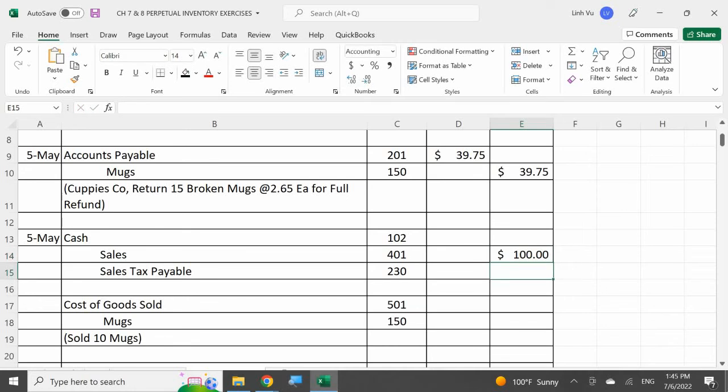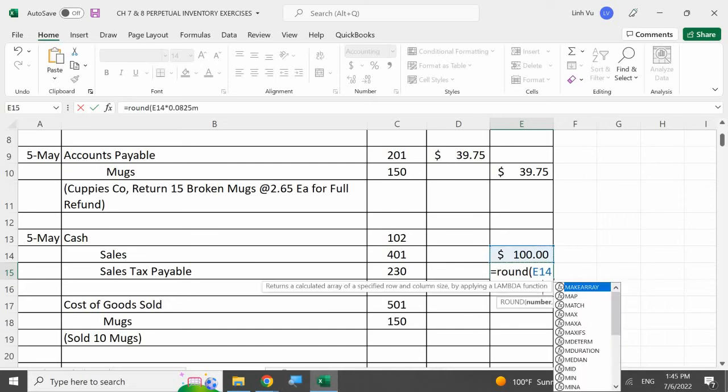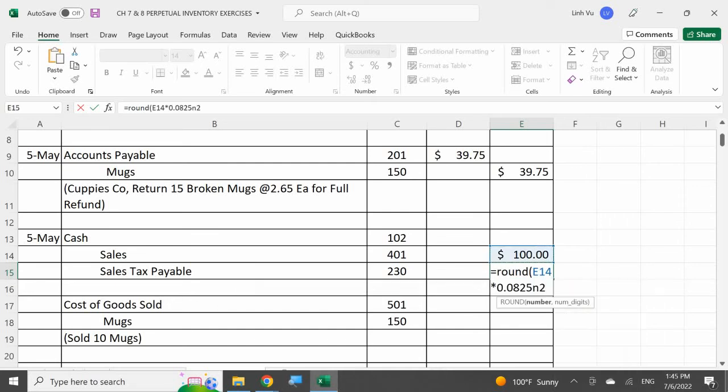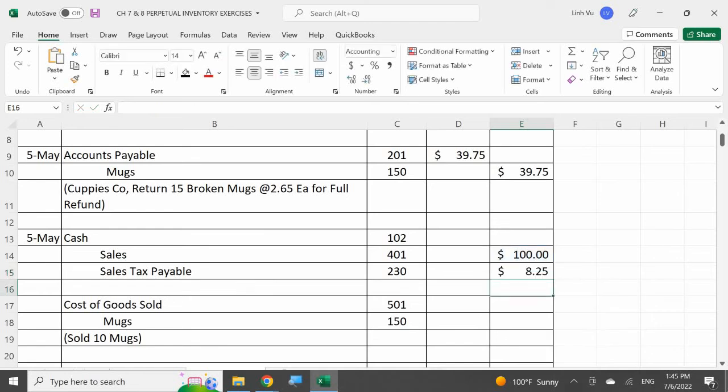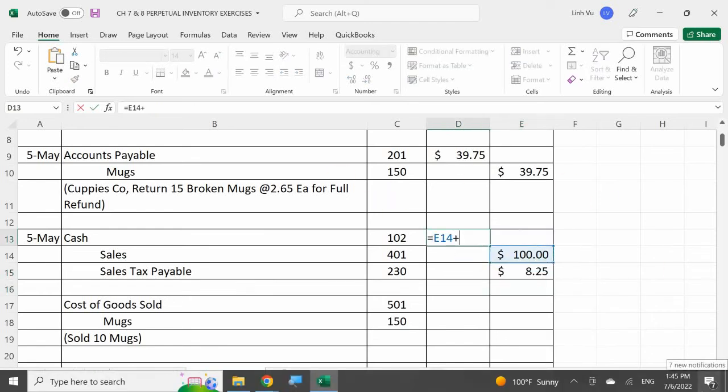How much tax is going to be on that $100? $8.25. Good. So that means total cash collected is $108.25.